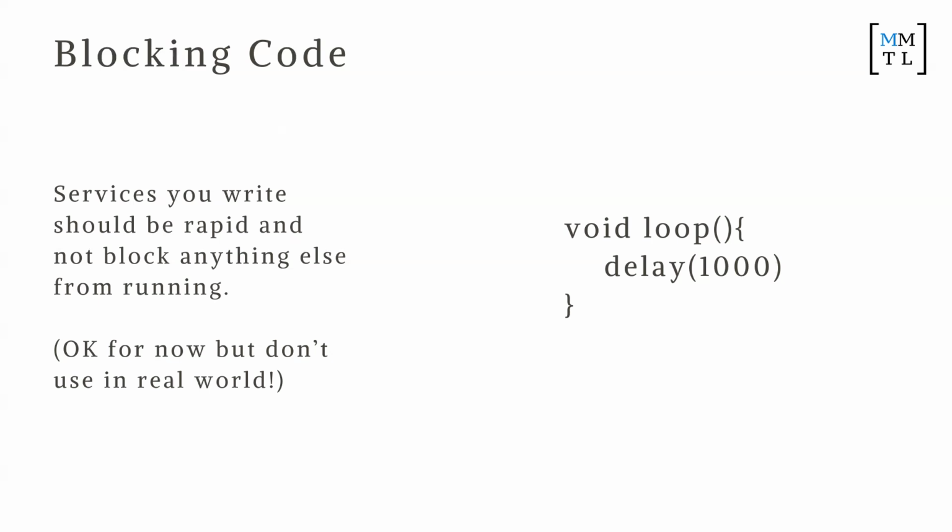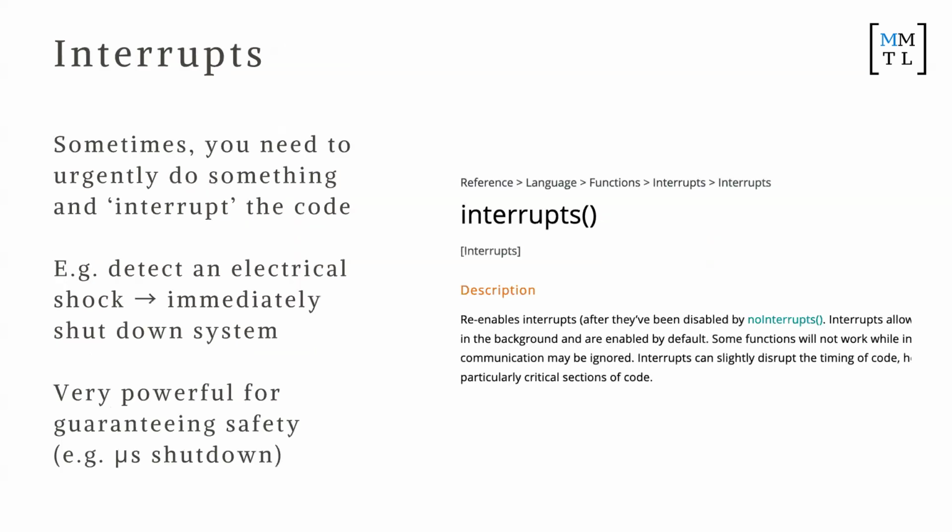A common pattern you'll see later on if you go further into mechatronics is something called interrupts, which is where you urgently need to do something in the code at all costs. This is a very common pattern for medical devices because, for example, if you detect an electrical shock, you need to immediately shut down the system within milliseconds or even microseconds.